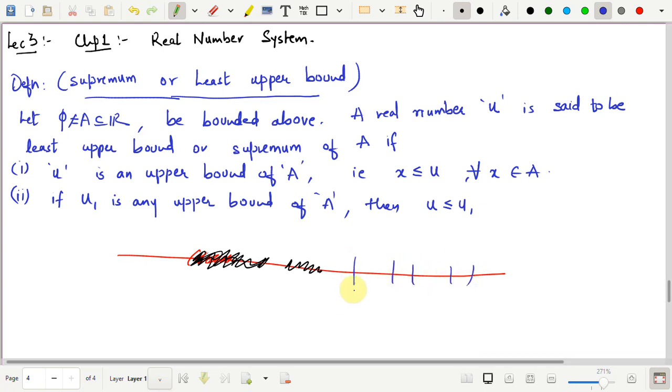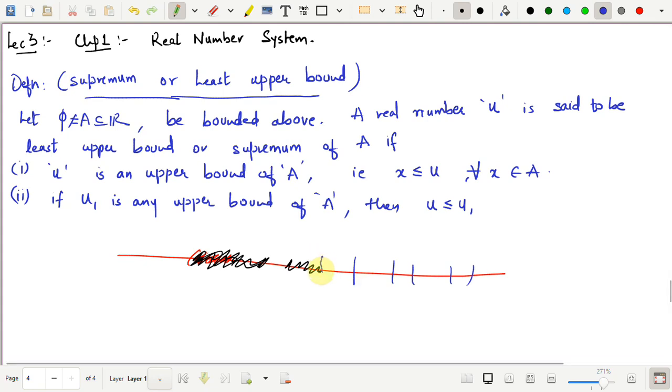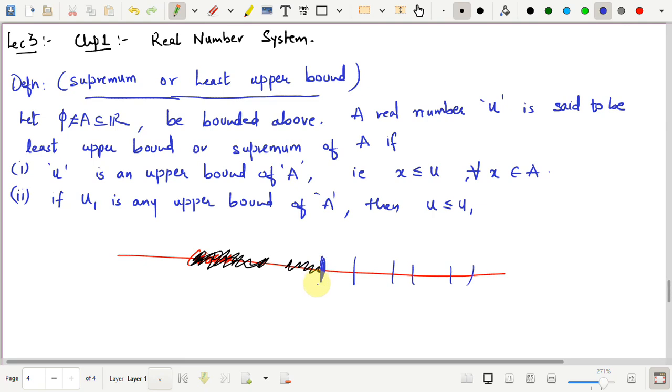If there is one upper bound, we can find infinitely many upper bounds which are greater than it. Now among these upper bounds, there is one unique upper bound which is different from every other, and that is the least upper bound, placed somewhere over here, closer to the given set.